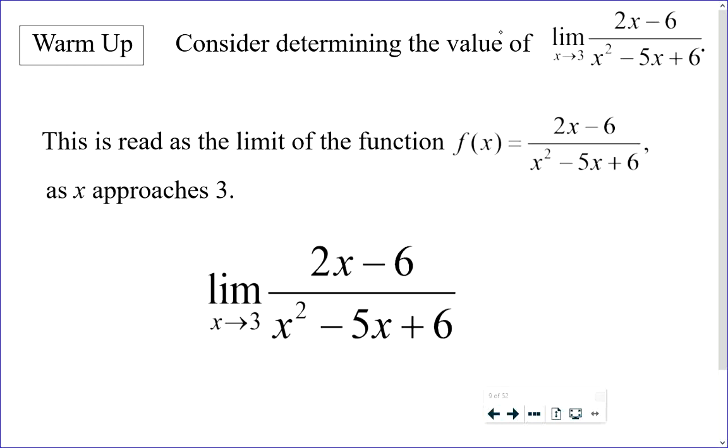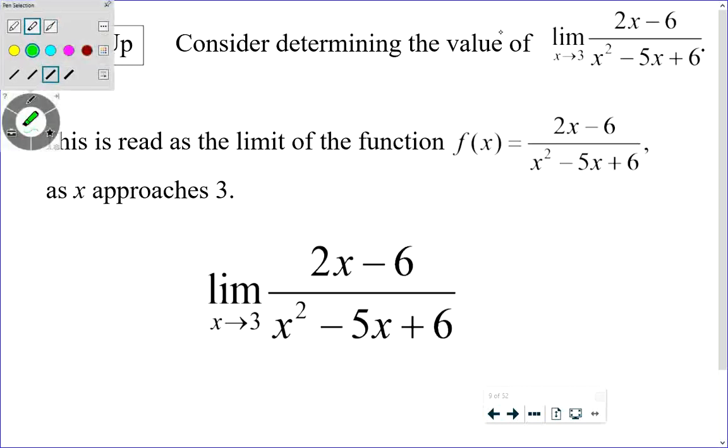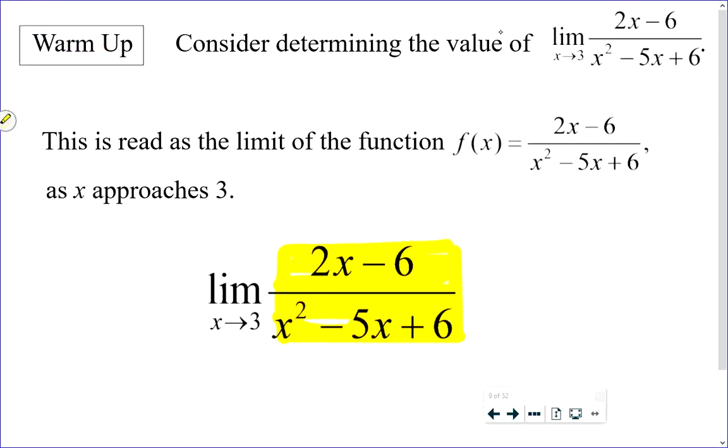What it is saying is we have to figure out what this expression will get closer to if we start putting in values of x that get closer to 3. So as x gets closer to 3, what does this get closer to? That's what we're talking about doing here.